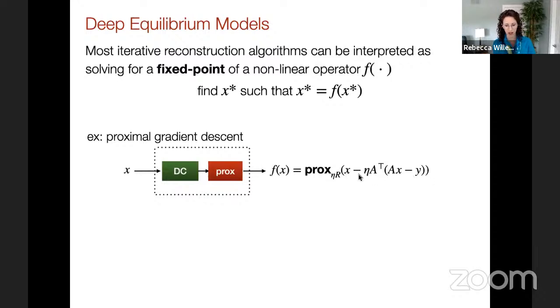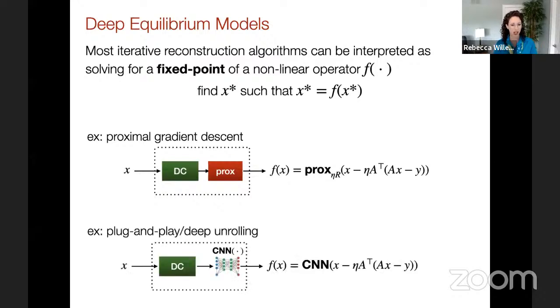My data consistency step here, and then my proximal operator. And so if we were to iterate this until convergence, then our final estimate would be a fixed point of that function. And we can say the same thing if we were to, instead of having a formal proximal operator, have, for instance, a neural network here. It still defines some sort of function, and the output at convergence would be a fixed point of that function.